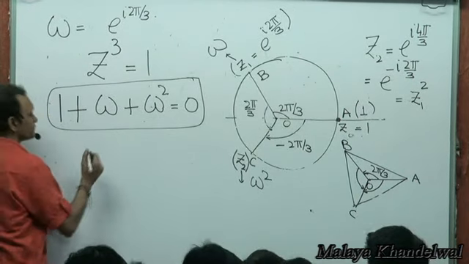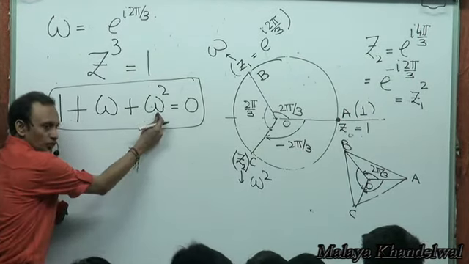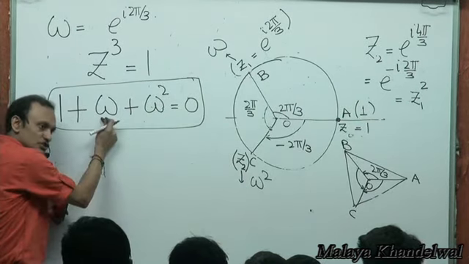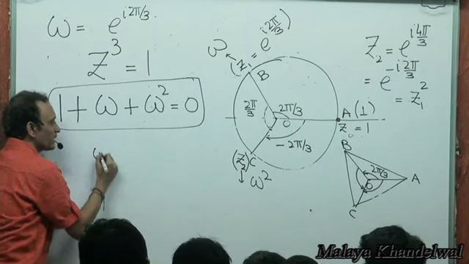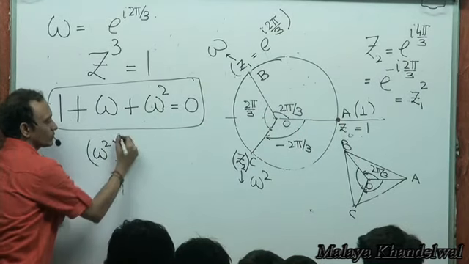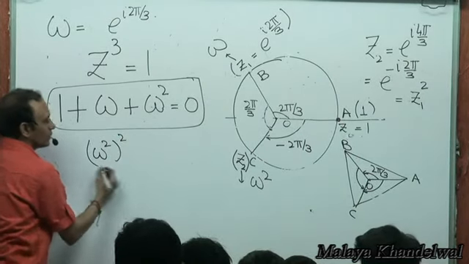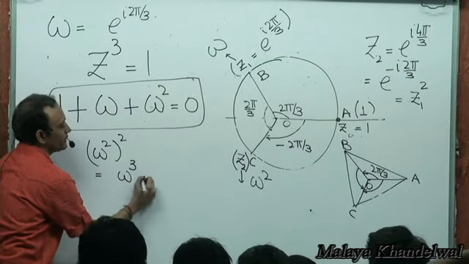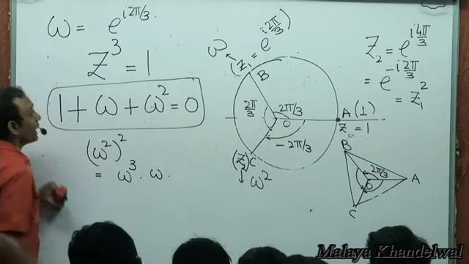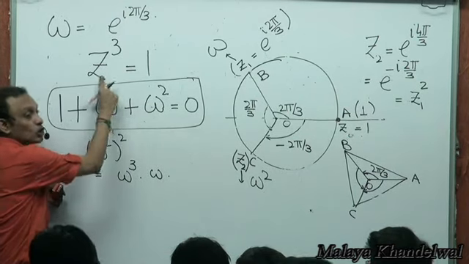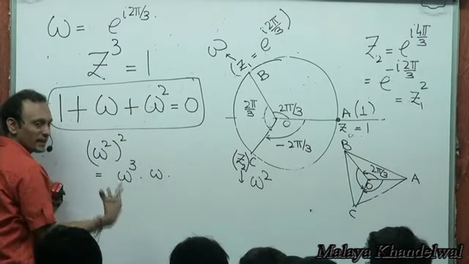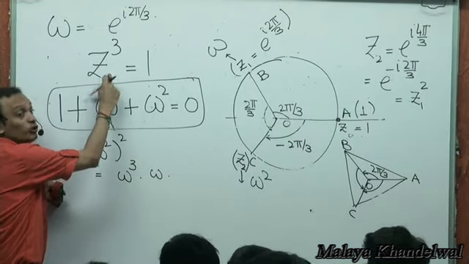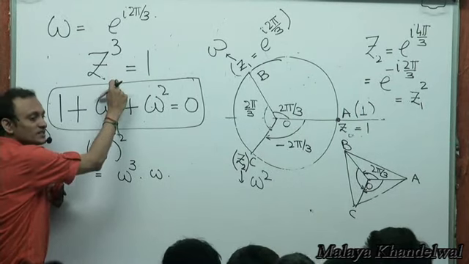Not only that, this cube root of unity is the square of this. This cube root of unity is the square of this. Now if I square omega squared, then this becomes omega to power 4, which is omega cubed into omega. But omega is a root of this, so omega cube must be 1. Since omega is a cube root of unity, omega satisfies this equation. 1, omega and omega squared are essentially roots of this.